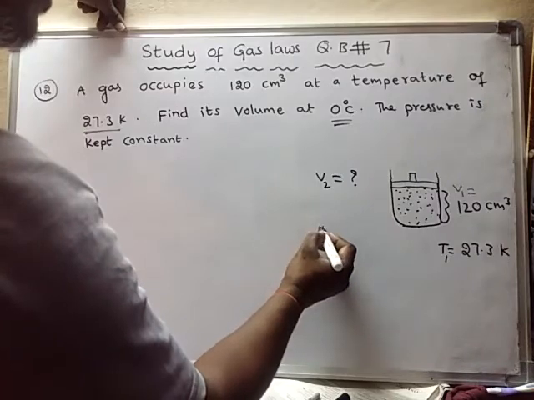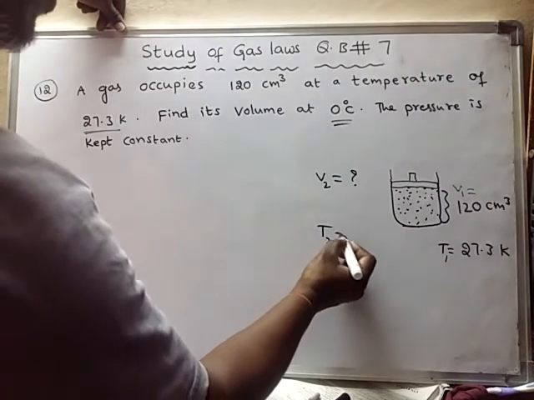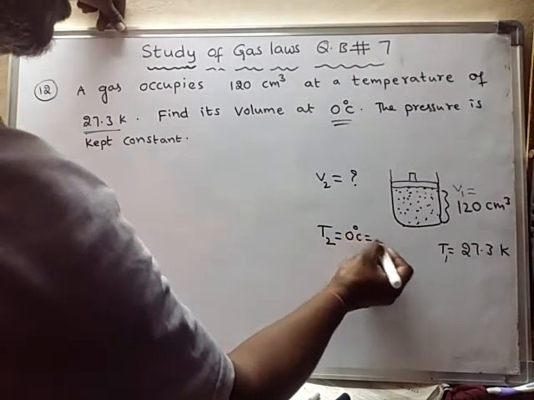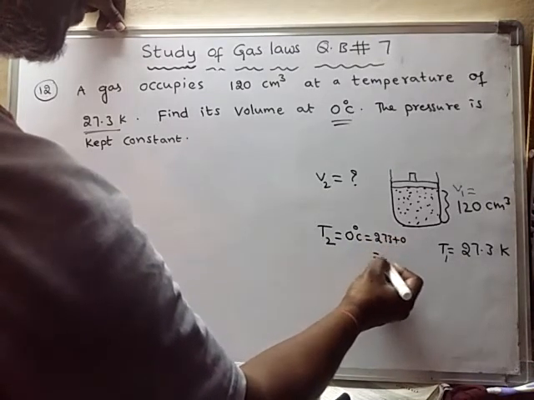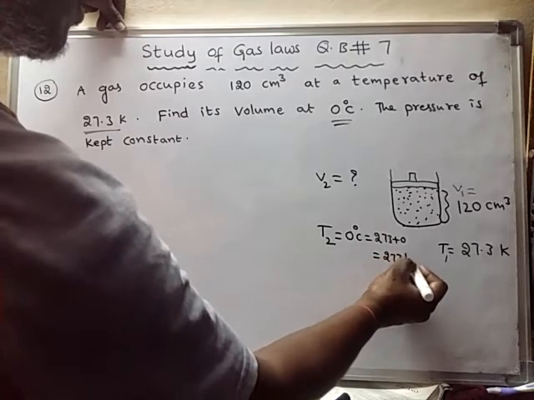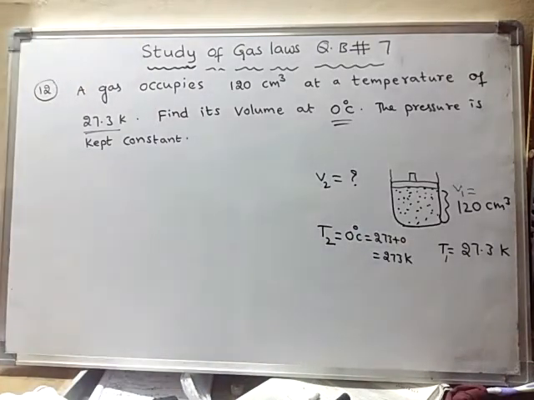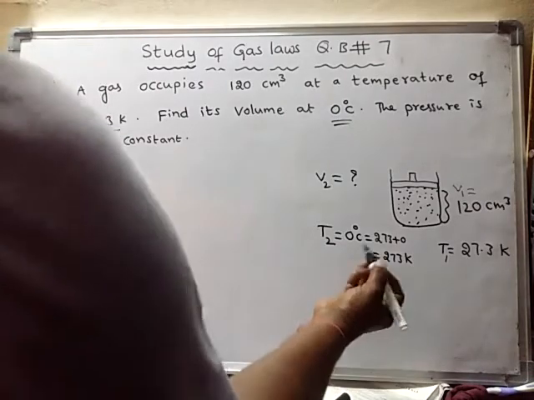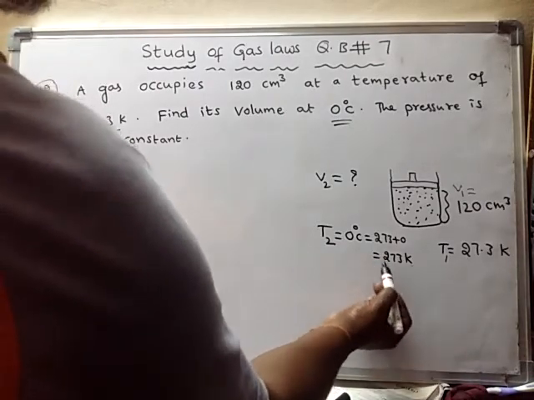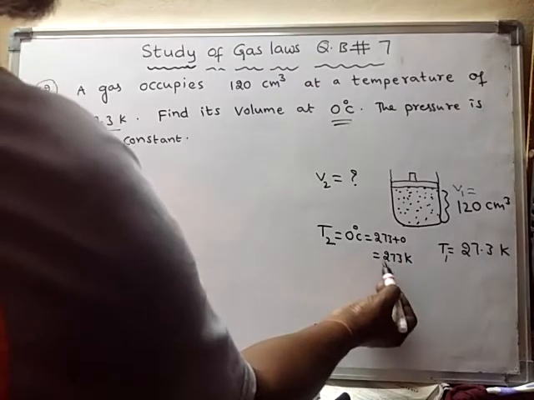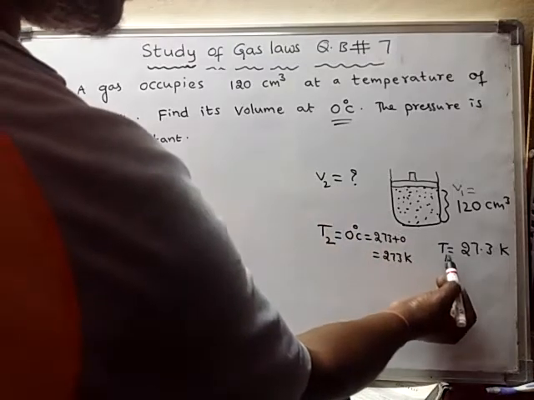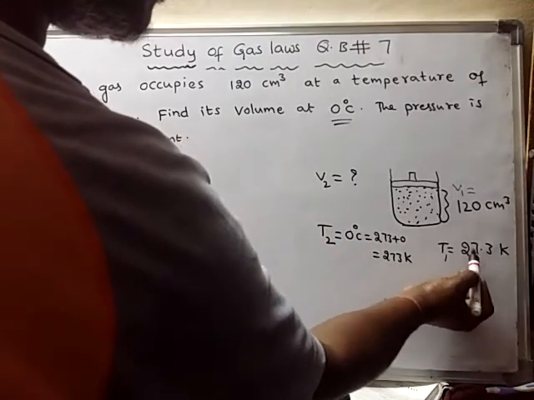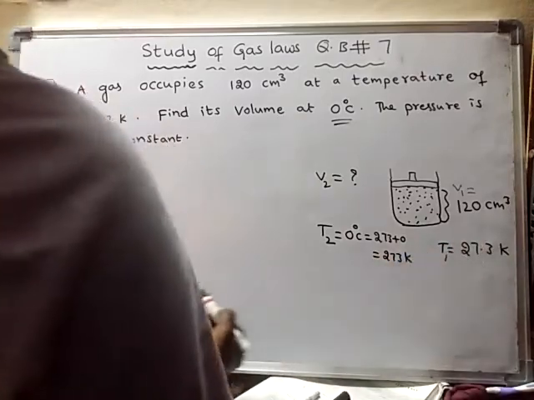0 degree centigrade will be equal to 273 plus 0, which is 273 Kelvin. So when the temperature is 27.3 Kelvin, its volume is 120 centimeter cube.